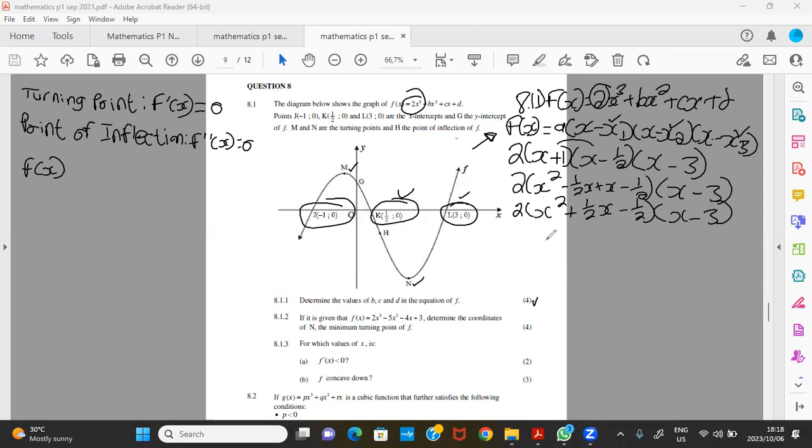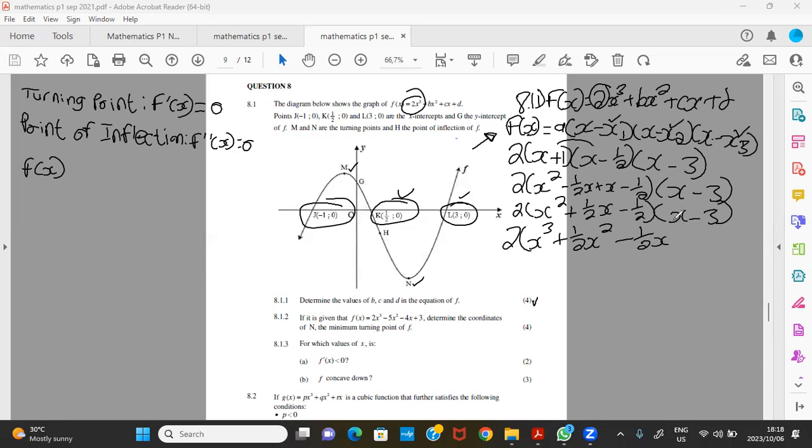Let's see. I get it. So I'm gonna just multiply everything. So we are gonna have x cubed, right? And then it's going to be plus half x squared. And then after it's going to be minus half x. Is that okay? Right?